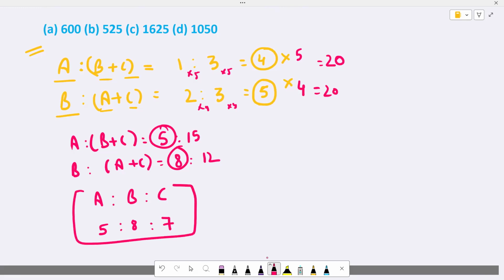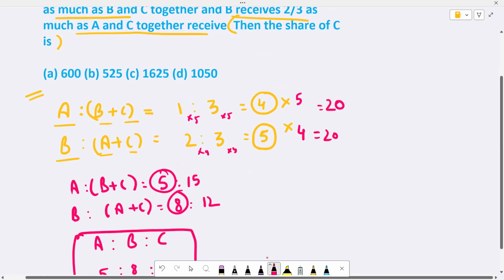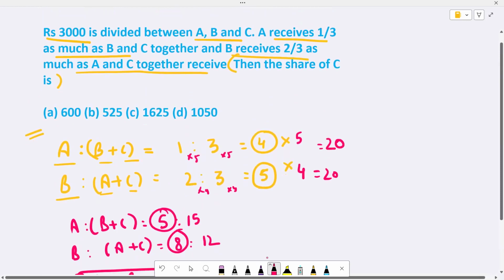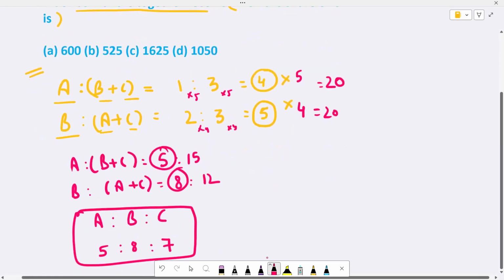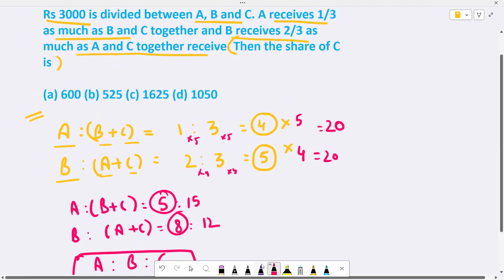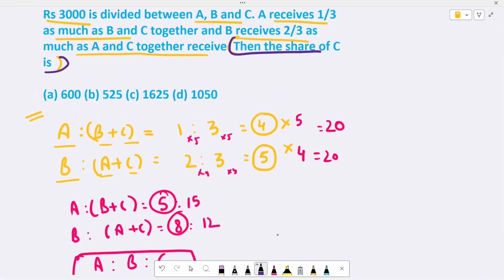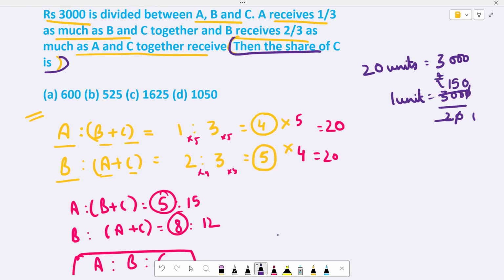Now this is the final ratio between these three. And now they're asking for the share of C, so we can just compare the value now. The total is 20 units in this particular question, which will be equal to 3,000. So 1 unit will be equal to 150.